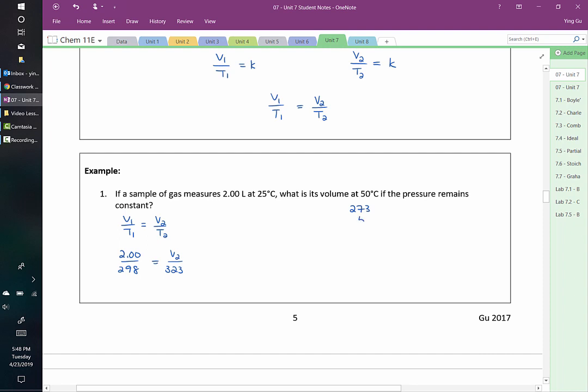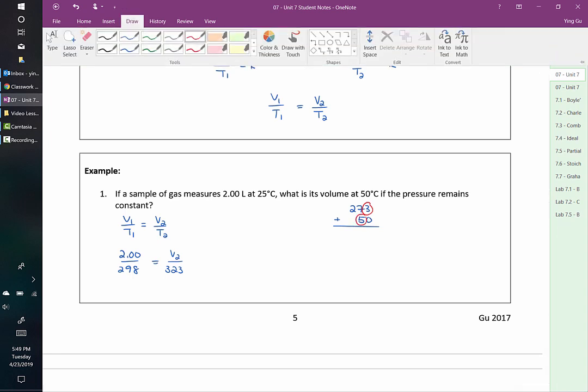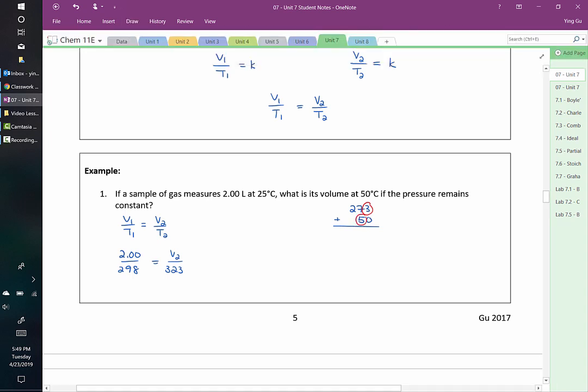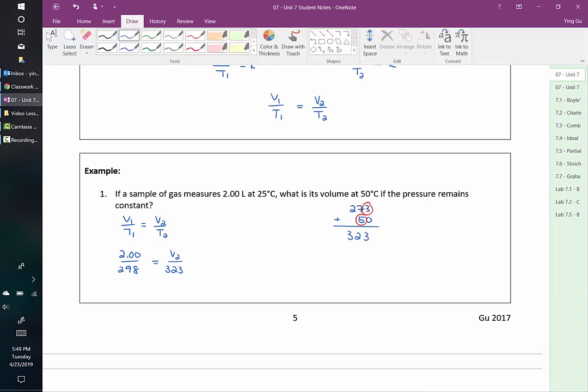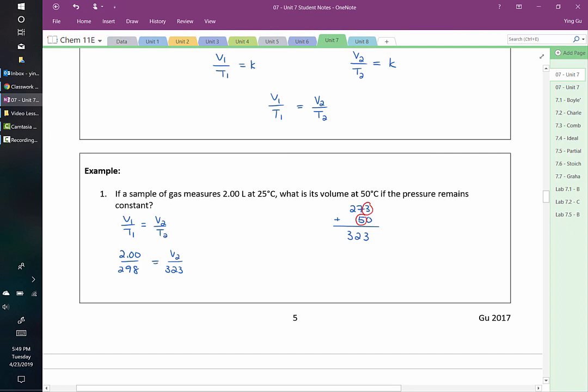Sig fig review. If we were to add these two numbers like we do in grade school, we line them up, we see that the uncertain digit in 273 is the 3. The uncertain digit in 50 is actually the 5 because the 0 is a rounded figure. Okay, so if we were to then follow up and do the addition, and we get 323, our final answer now has two uncertain digits.